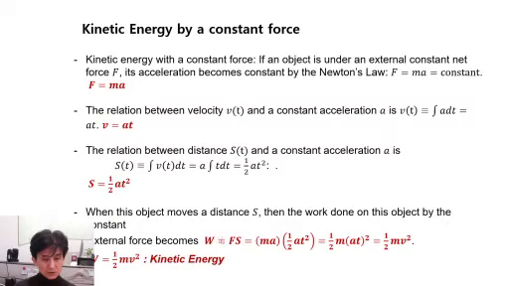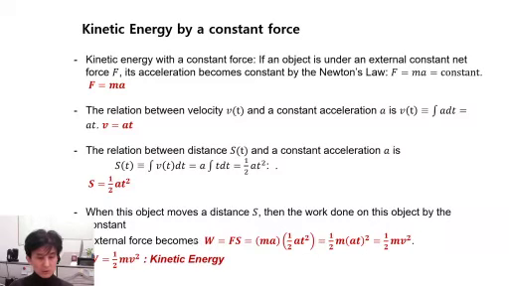By the definition, work is F times s, force times the distance. So force is ma, and the distance traveled by the object is 1 over 2 a t squared. So it becomes 1 over 2 m times a t squared. So at is equal to v, so I can replace at with v.